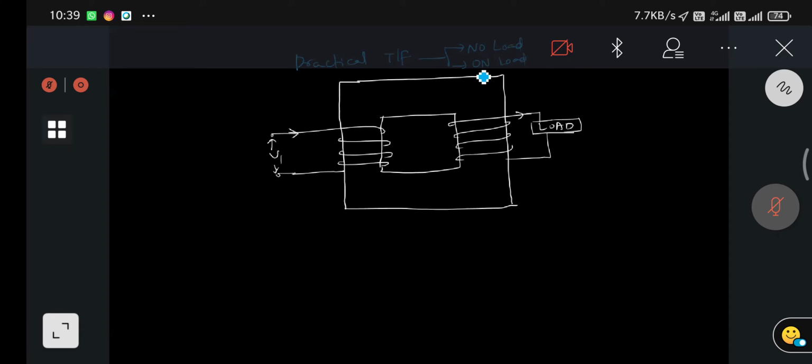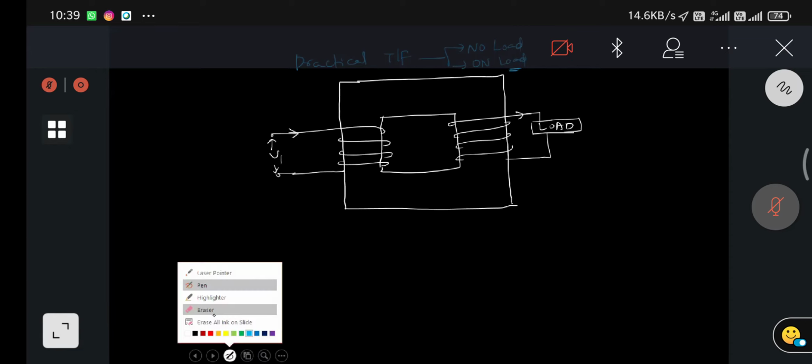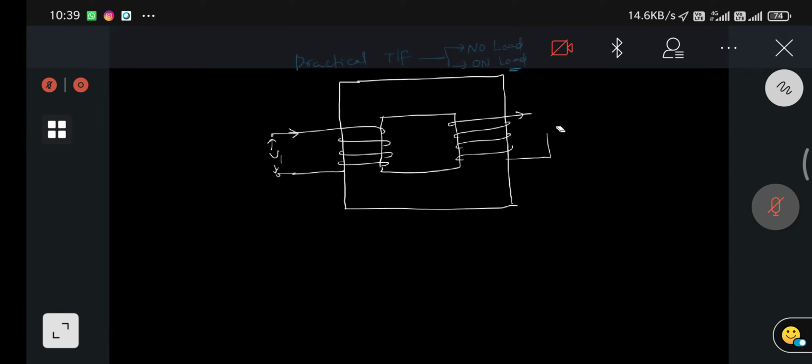When discussing the on load condition of a practical transformer, first of all we will discuss no load, after that on load. So here I am going to remove this one also.